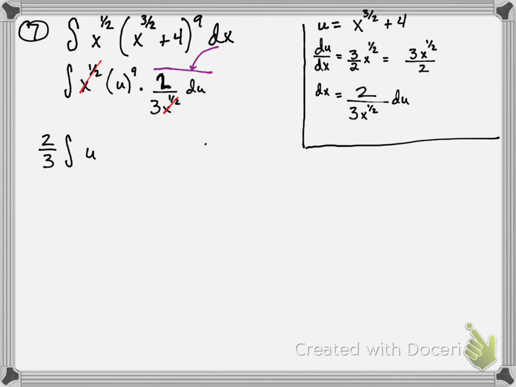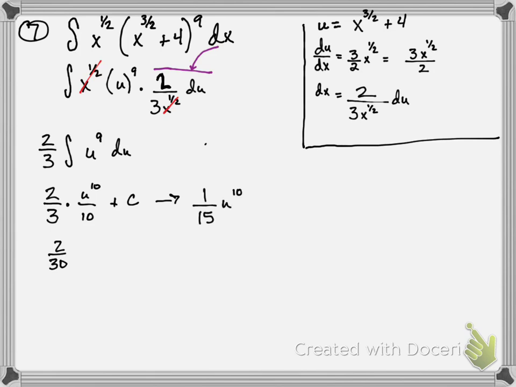All right, u to the 9th power du. Isn't that easy to take? So that's 2/3 u to the 10th over 10 plus c. So 2 over 30, which is 1 over 15.